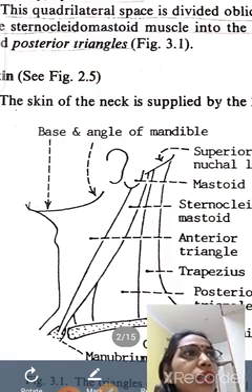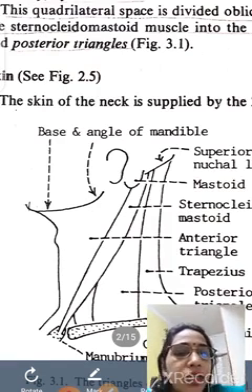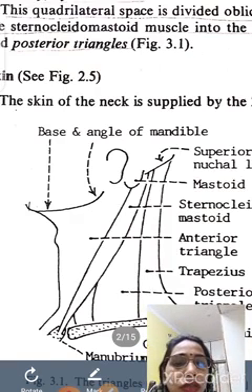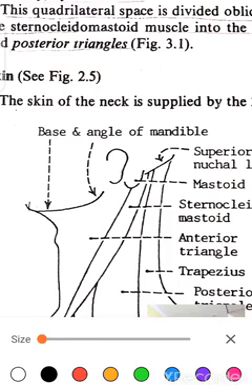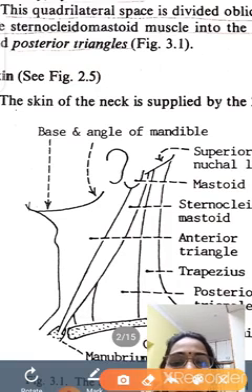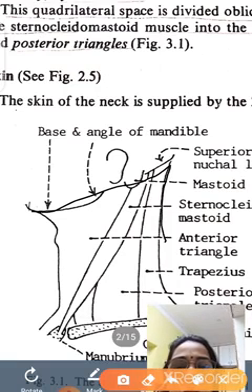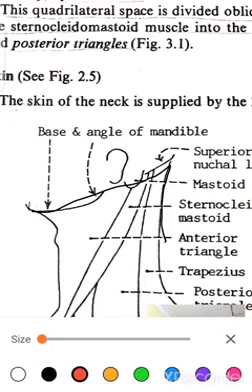Now, as you can see, the side of the neck is roughly quadrilateral. I'll use a different color for this.